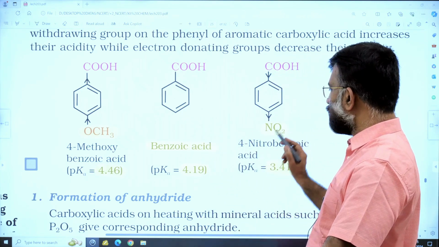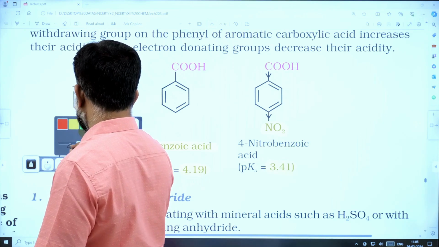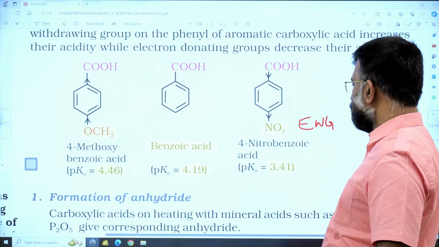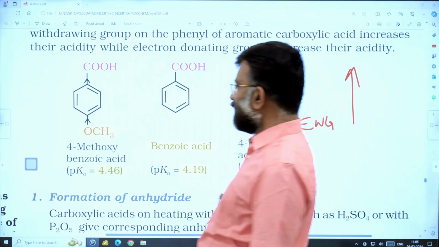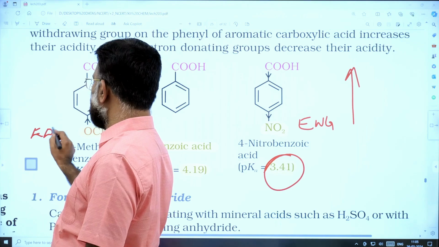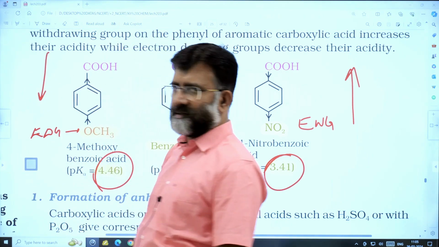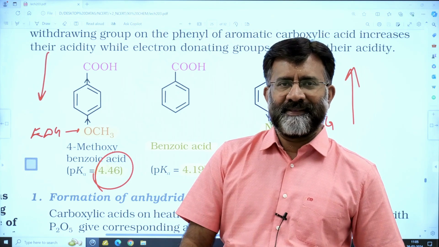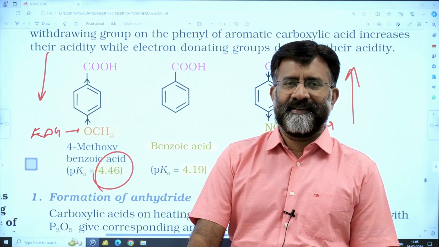When there is an electron withdrawing group present, this is the electron withdrawing NO2 group, acidic character shoots up, value drops. When there is an electron donating group, the acidic character decreases, pKa value increases. Is it clear? Yes.